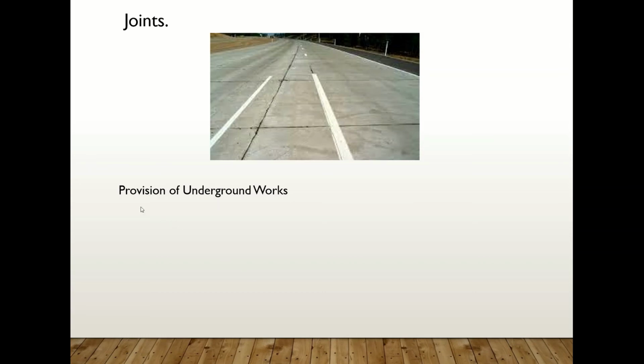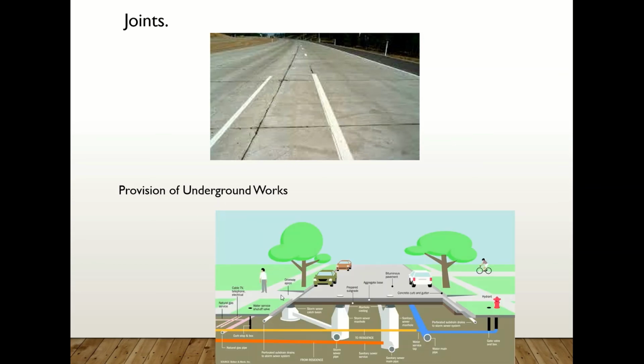And then provision of underground works. This is very important while doing any provision like utilities. Can you see water utilities, gas utilities, some utilities near the side of the road. If you want to provide that, it is very easy in flexible pavement because you can dig it out and lay the layers directly.